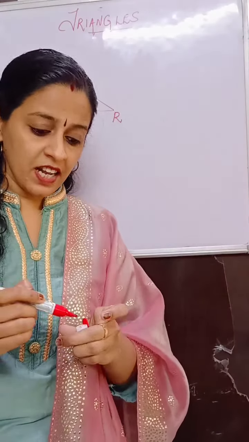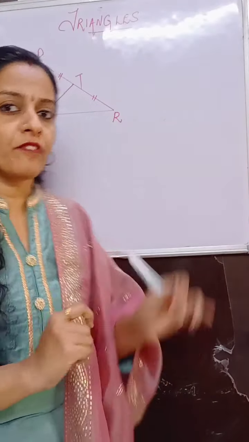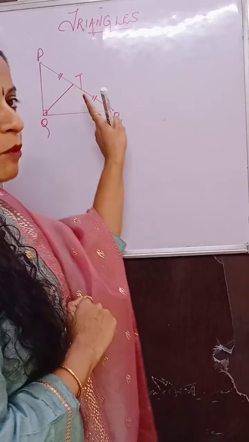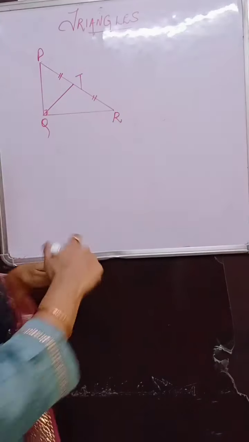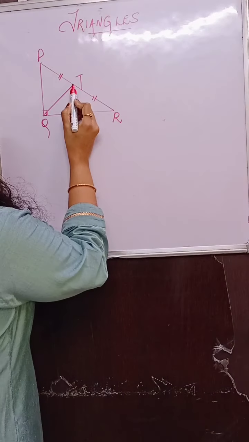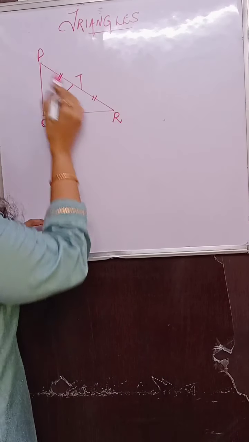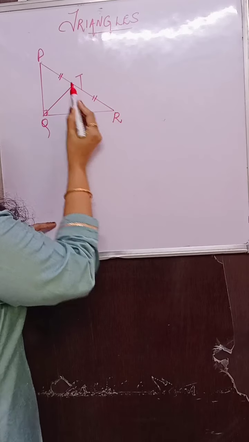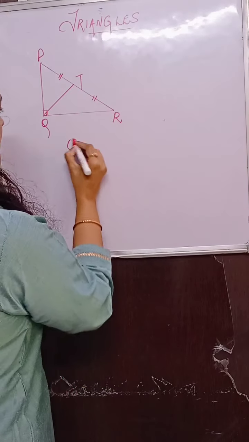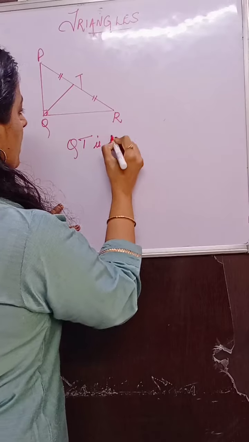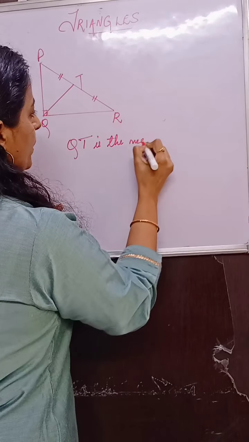What is a median, children? The segment drawn from the vertex to the midpoint of the opposite side. Q's opposite side is PR, its midpoint is T. So QT is the median. I hope it is clear.